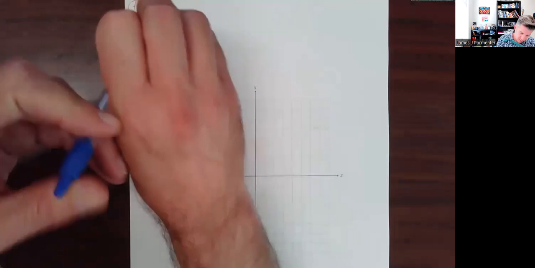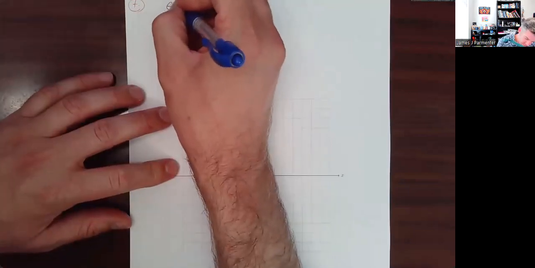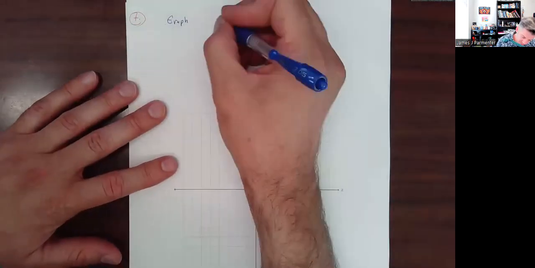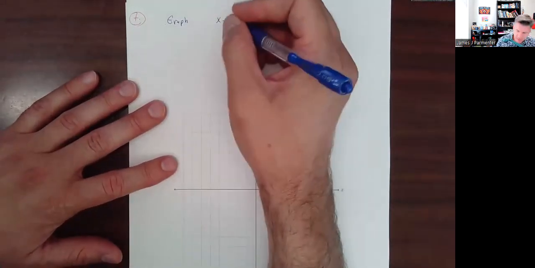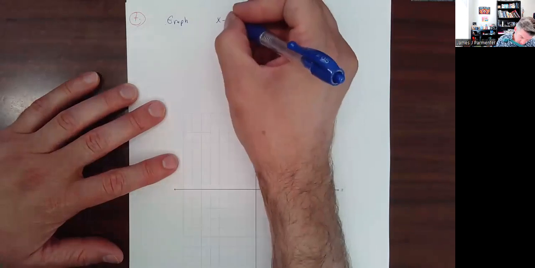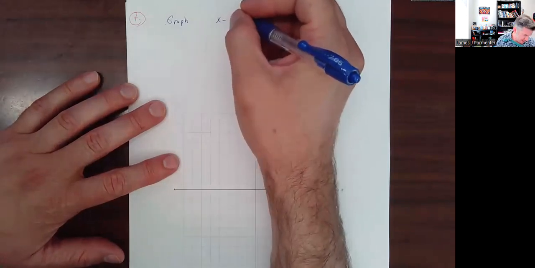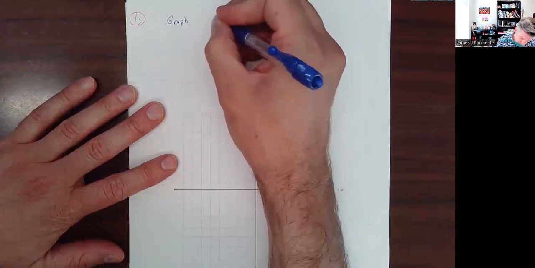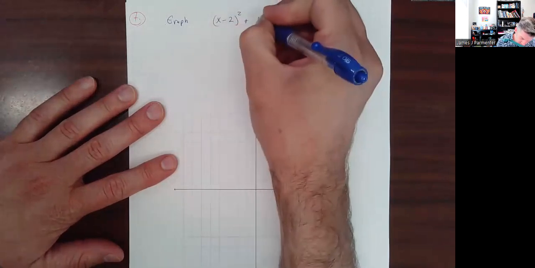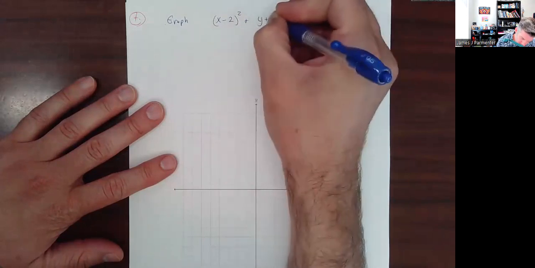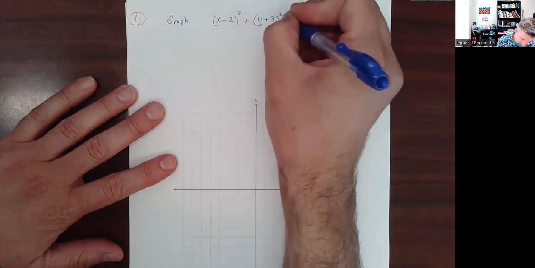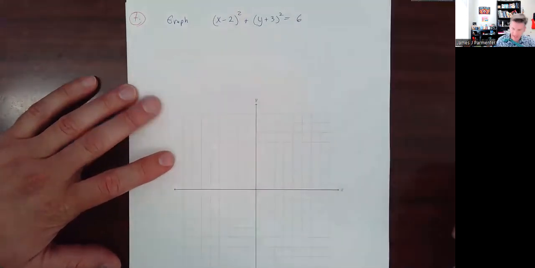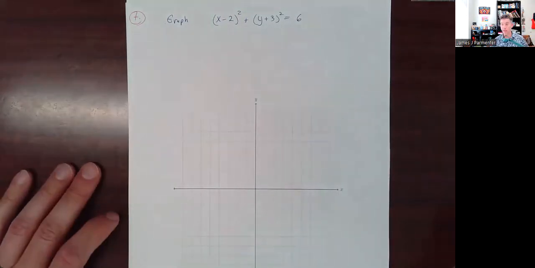So graph the following: (x - 2) squared plus (y + 3) squared equals 6. Yeah, 6 is annoying.